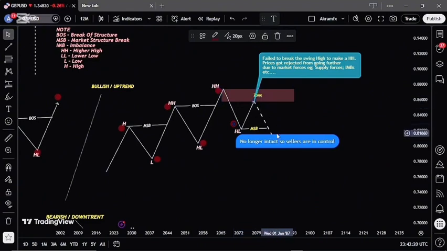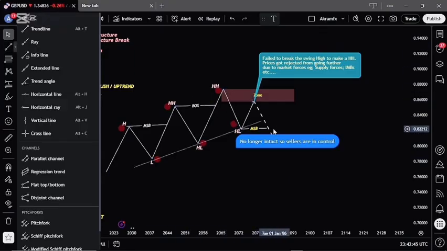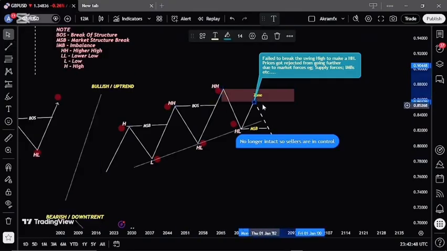So when they return and instead break the higher low instead of the higher high, going downwards via the higher low, then we have what we call a market structure break. As you hear that, the structure is changing from an uptrend to a downtrend.